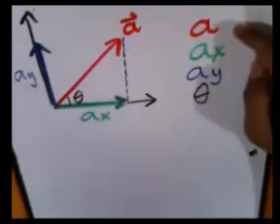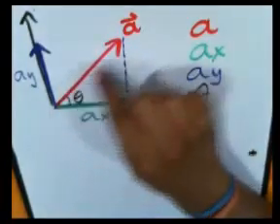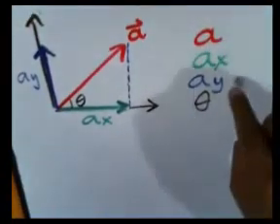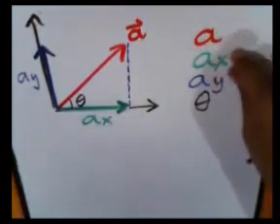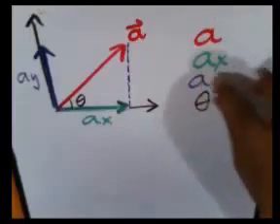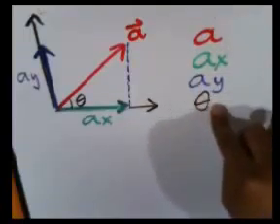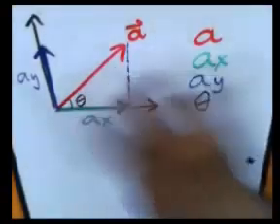Okay, so if this vector is 3 units long, then A will be 3. If this component is 2.2 units long, then AX will be 2.2. AY will have a different value, and theta will be the angle that the vector has.